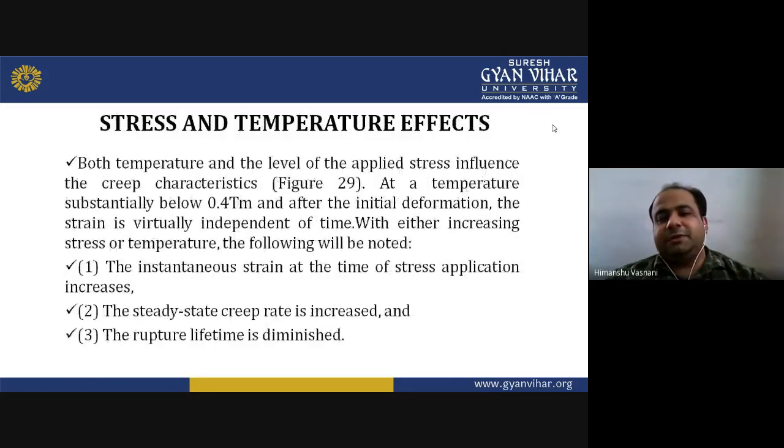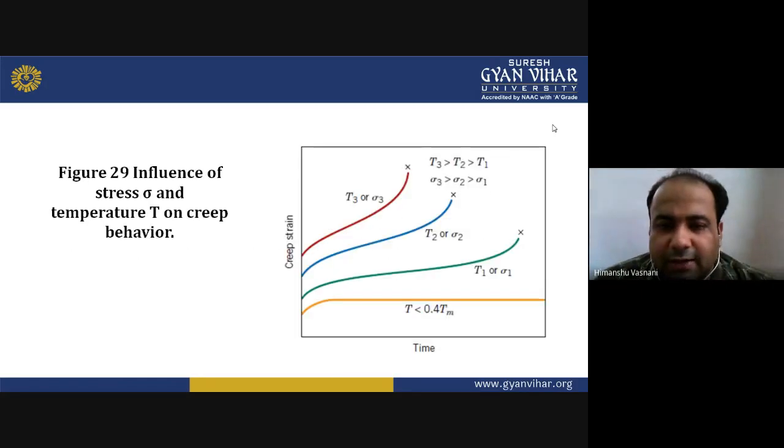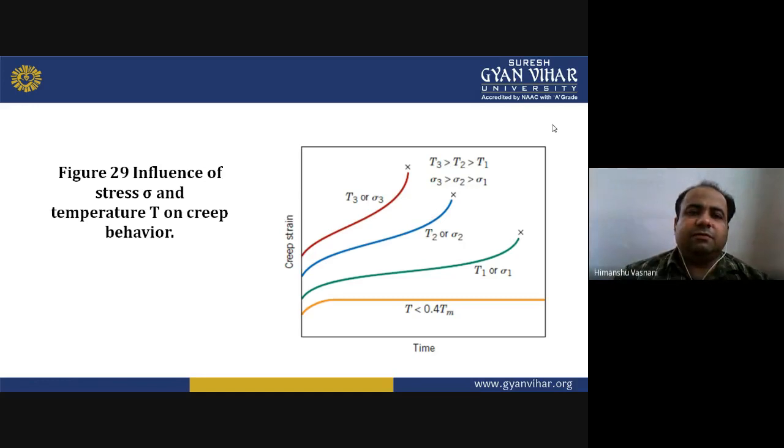Now, stress and temperature effects. This is also an important factor. Both temperature and the level of the applied stress influence the creep characteristics. Let me show you the diagram: the influence of stress and temperature on creep behavior. On the x-axis you have time and on the y-axis you have creep strain.